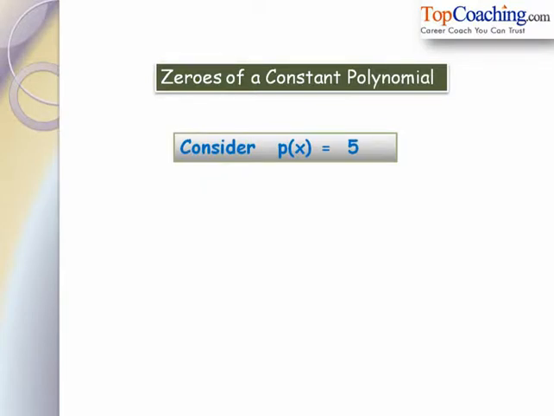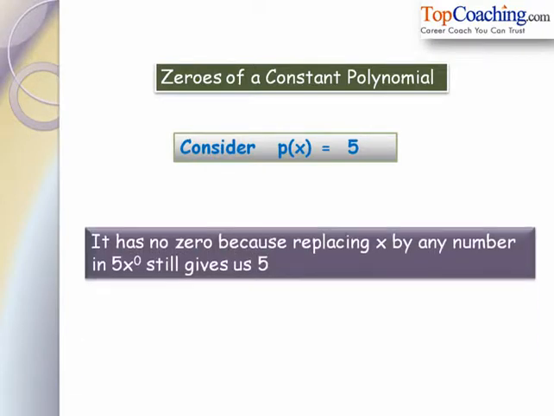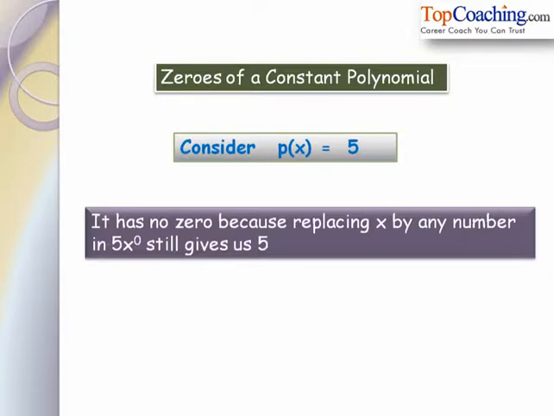Now we have to find the zeros of this constant polynomial. What we observe here is it has no zeros, because replacing x by any number in 5 into x to the power of 0 still gives us 5. So we can simply write this as 5 into x to the power of 0. If we replace x by any number, this won't generate a 0, but instead we'll get a constant value of 5.